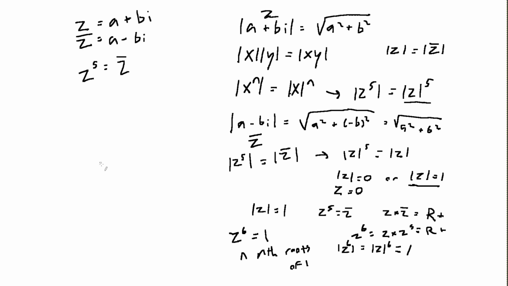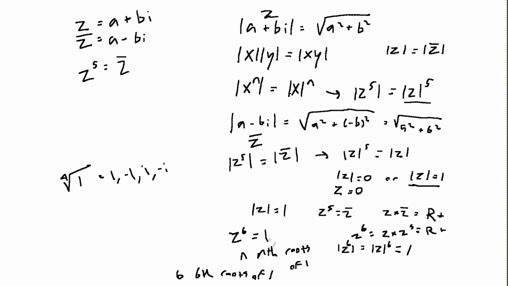So for instance, there are 4 4th roots of 1 in complex numbers. There's 1, obviously, 1 to the 4th equals 1; negative 1, negative 1 to the 4th equals 1; i to the 4th equals 1; and there's also negative i. So there are 4 4th roots, and this extends to any positive number, including 6. So there are 6 6th roots of 1.